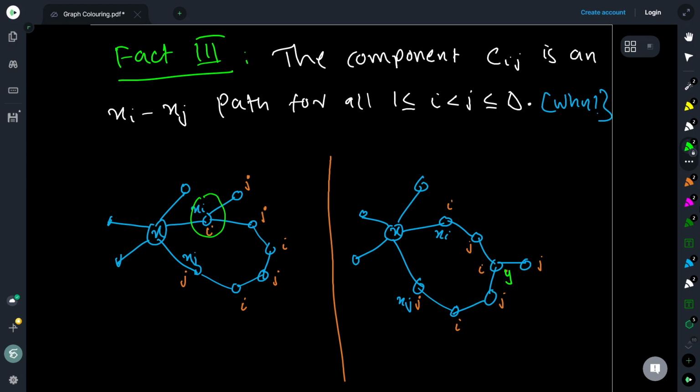I get a coloring where the neighborhood of x misses again one color, precisely i, because I have recolored xi with some color which is not appearing in the neighborhood of xi. So this says that xi cannot have a neighbor which is colored j other than on the path from xi to xj. Similarly for xj also.